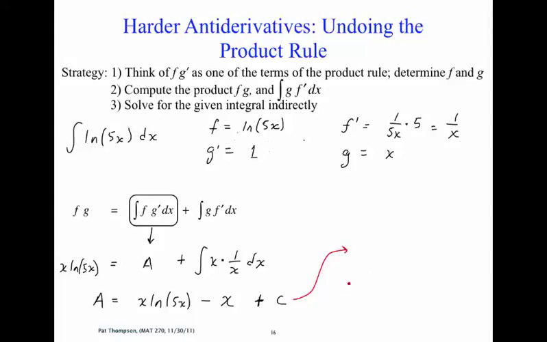So the derivative of x ln of 5x: first times derivative of the second, plus second times derivative of the first, then minus the derivative of that. So we get x over x and 5 over 5 is 1, plus ln of 5x, minus 1, equals this.